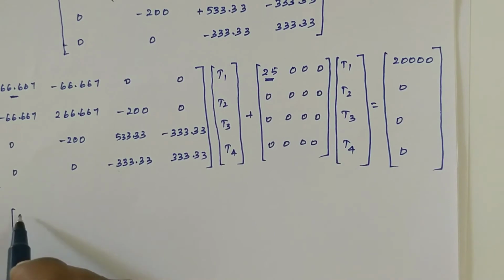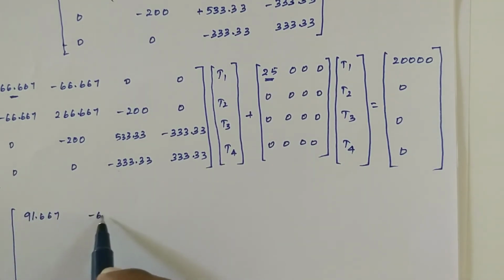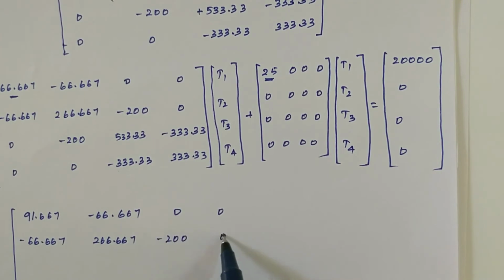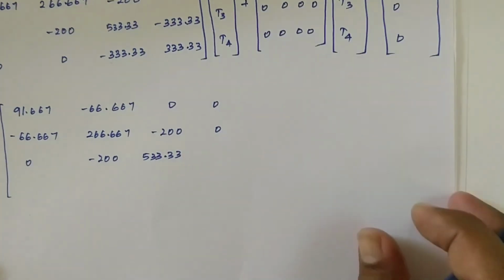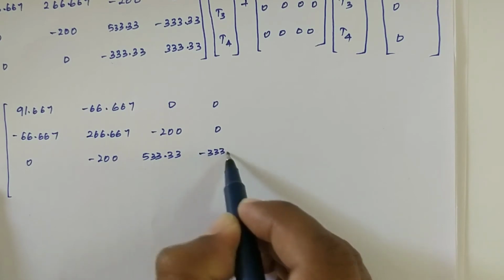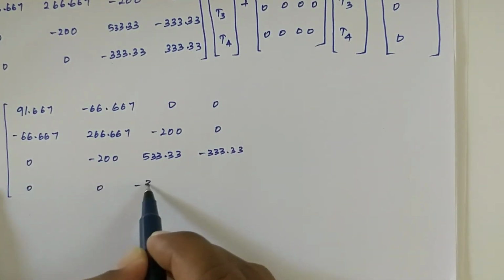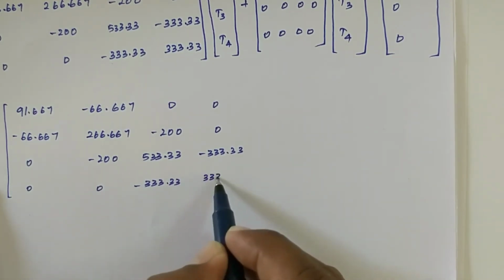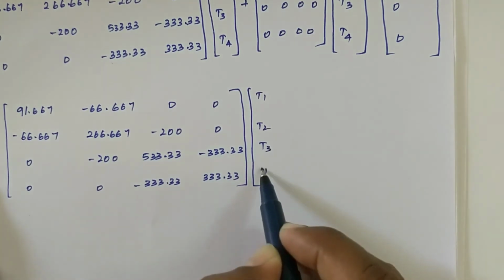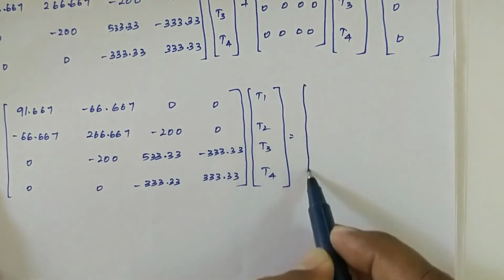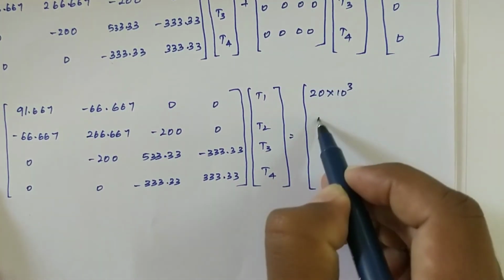Adding it, we get 91.667, minus 66.667, 0, 0; minus 66.667, 266.667, minus 200, 0; 0, minus 200, 533.33, minus 333.33; 0, 0, minus 333.33, 333.33, into the nodal temperatures T1, T2, T3, T4, equal to 20 times 10 to the power 3, 0, 0, 0.